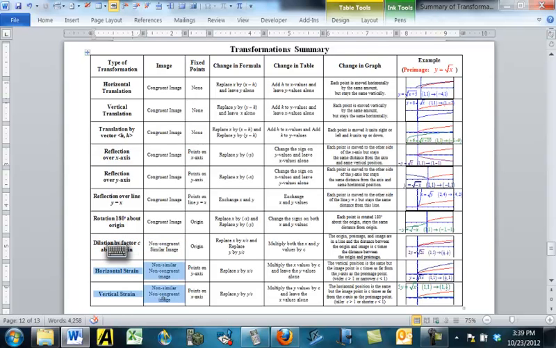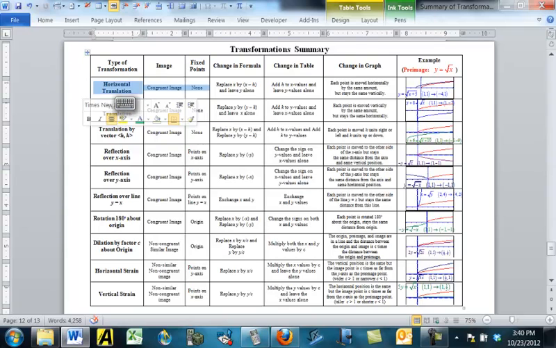Strains are stretches and compressions, expansions and compressions, and they can be done in the horizontal or vertical way pretty easily. And those give you images that are neither similar nor congruent. They don't preserve either distances or angles.